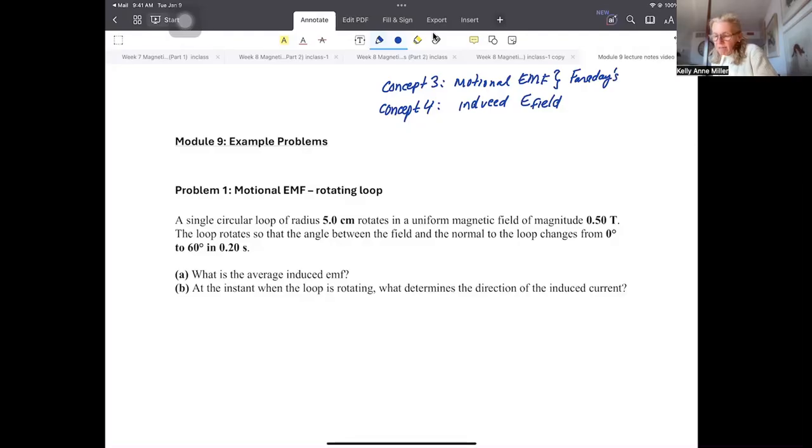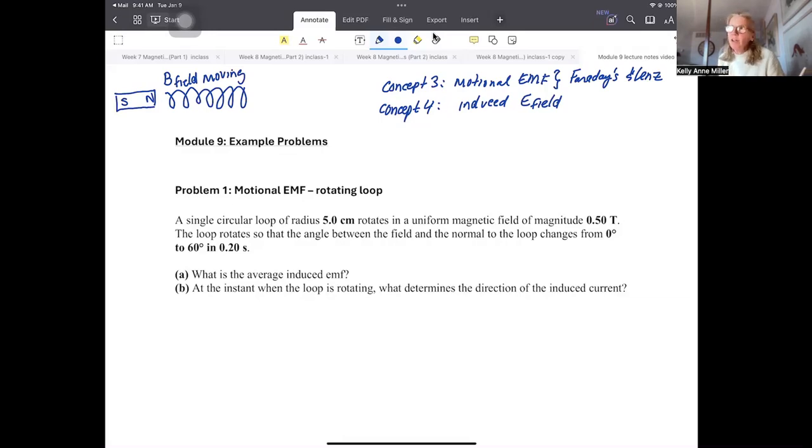So with concept three, as I said in the last video, motional EMF is basically a repeat of Faraday and Lenz. It's just saying, let's say you have a coil, like a solenoid, and you have a magnet, and you're moving the magnet relative to the coil. So the B field is moving.